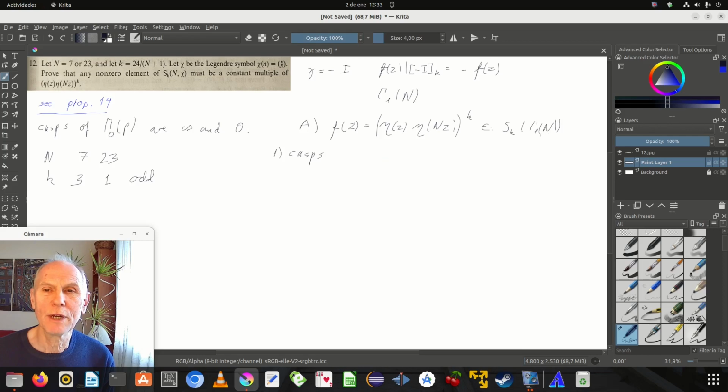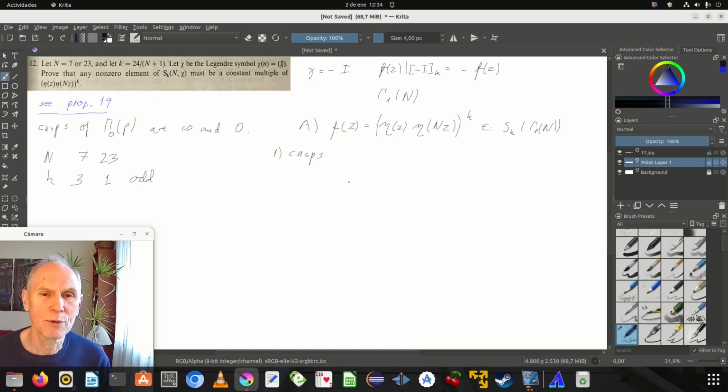So we need generators of gamma 1 of 7 and 23. Can't do. We don't know those.